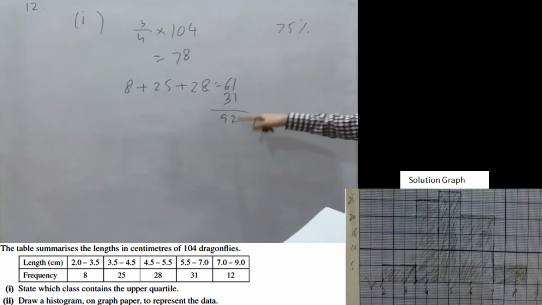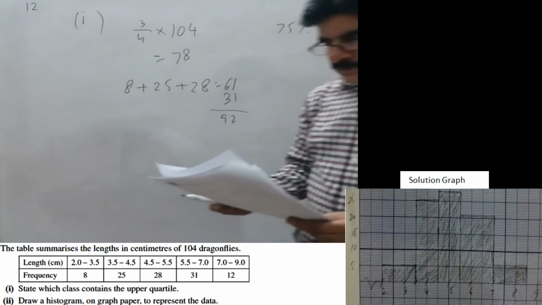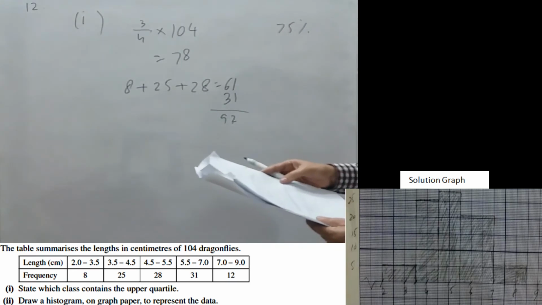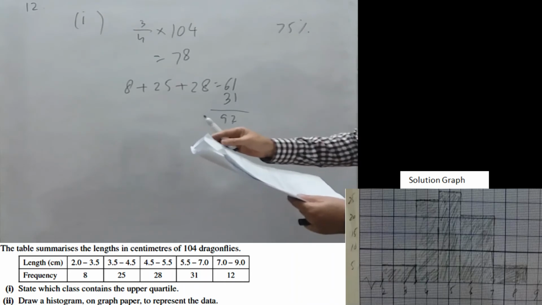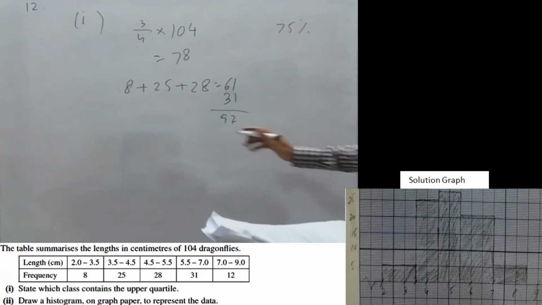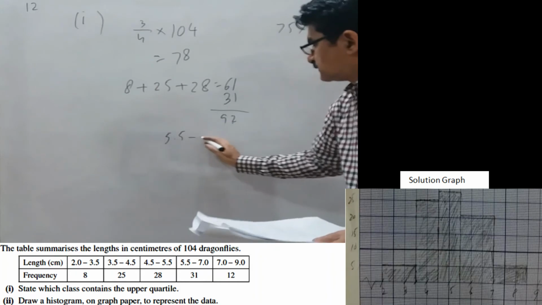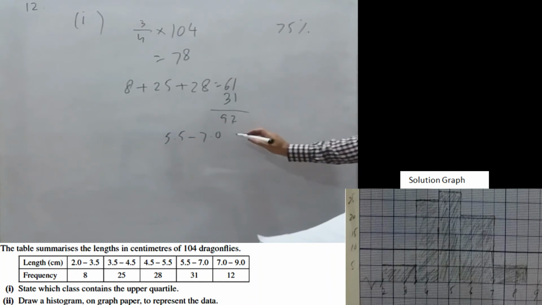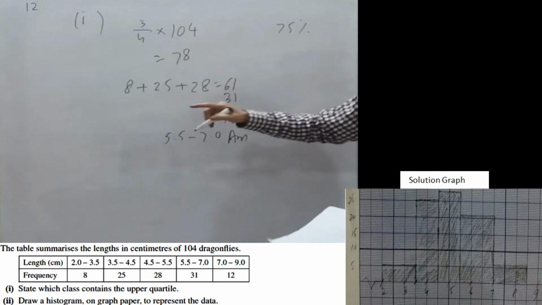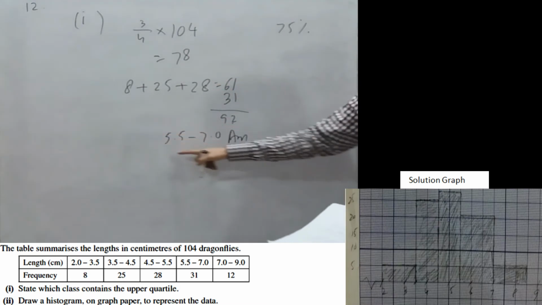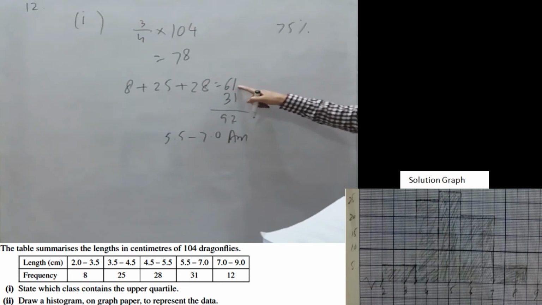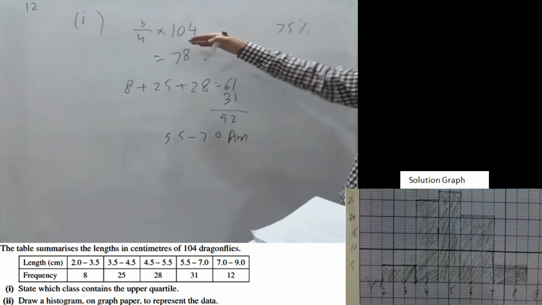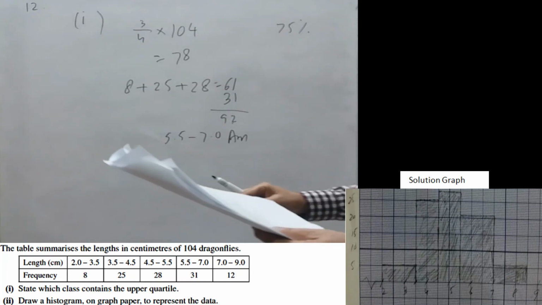It is greater than 78. So this value will lie in the fourth interval, which is 5.5 to 7.0. This is your answer. The 78th value lies in this interval, because up to the third interval we have 61 values. Then we have 62, 63, 64, and so on up to 78, which lie in this interval.